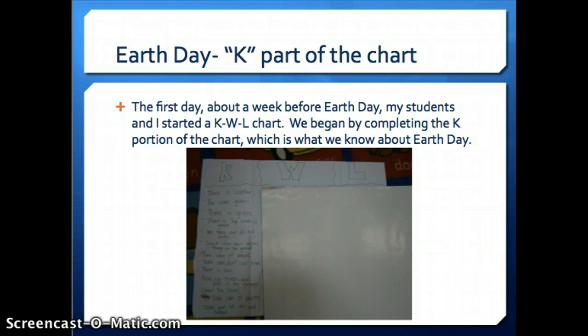This was a week before Earth Day. My students started the KWL chart. We began by completing the K portion of the chart, so you can see the different questions. And again, in kindergarten, some of the stuff you get is pretty funny. But this is what they knew already about Earth Day.